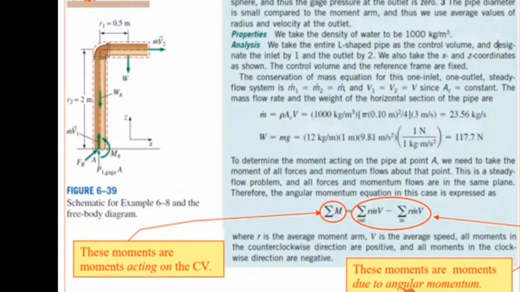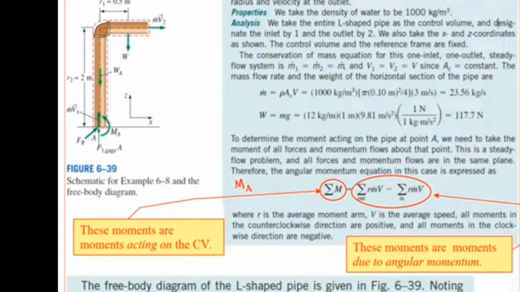We use our workhorse equation to find MA. This sigma M term on the left represents moments acting on the control volume, which would include the moment caused by this weight, for example. The terms on the right are moments due to angular momentum. Probably the most difficult part of this kind of problem is getting the sign correct at an outlet. There's only one inlet, but since point A is in the middle of that, it contributes nothing to this moment, so that term goes away.